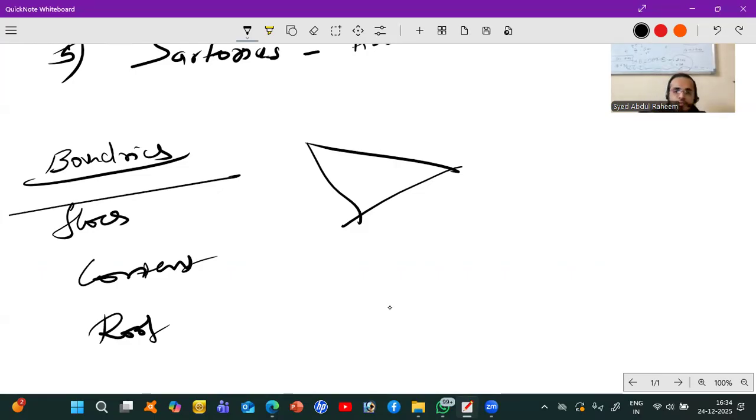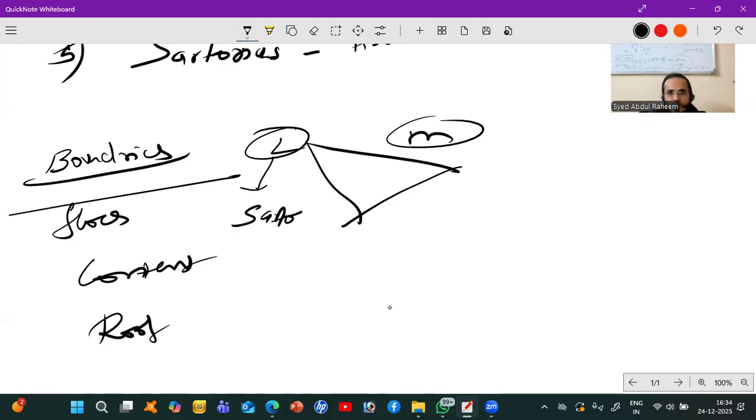First is boundaries. Here we will be able to see the lateral, medial, base, and apex. This is medial, this is lateral. On the lateral side, you will see sartorius making the lateral boundary. On the medial side, we will see adductor longus.